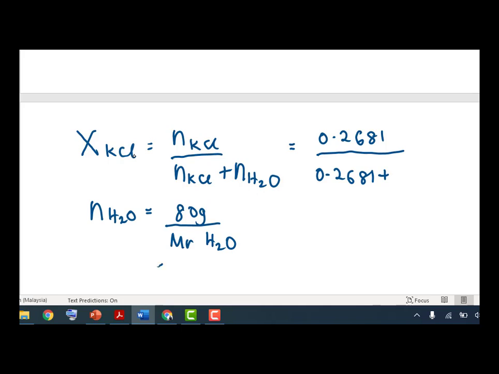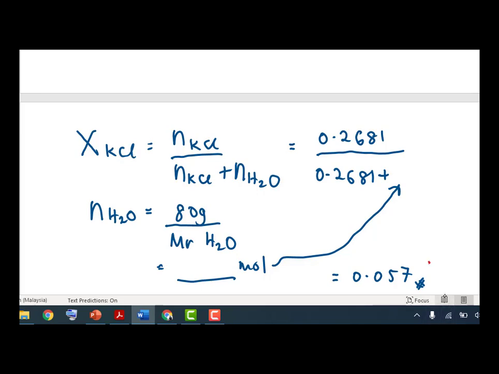Then you insert it here. So the answer, the mole fraction, is 0.057. Put no unit. Mole fraction, remember, has no unit.